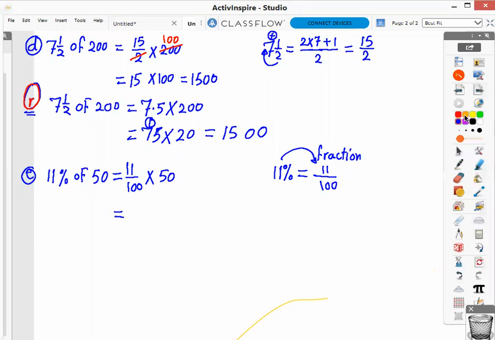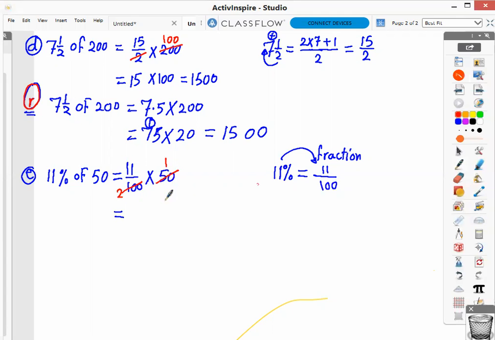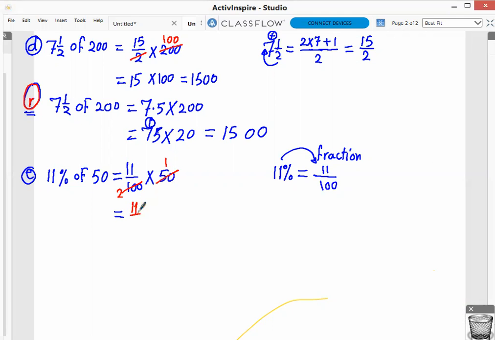Now, if you simplify 50 by 100, 50 by 50 will be 1. If you divide 100 by 50, it is 2. Then the answer will be 11 over 2.